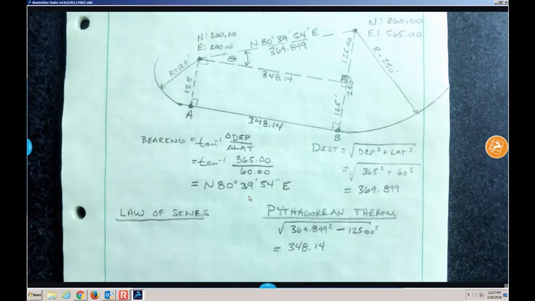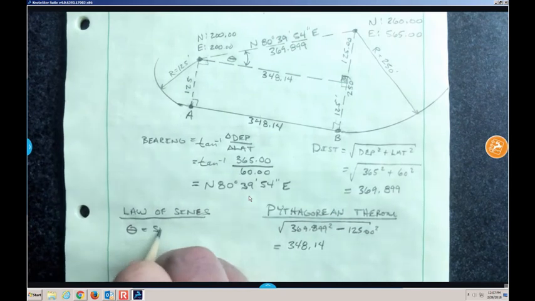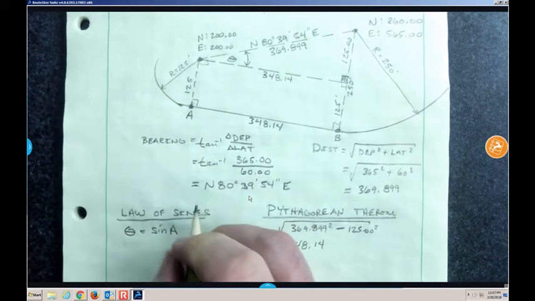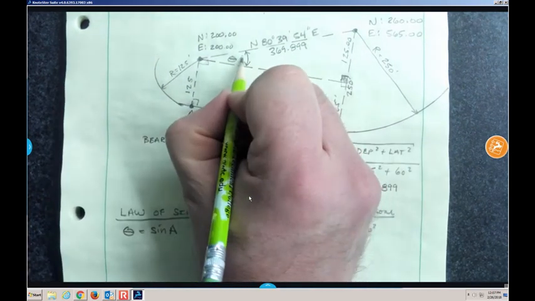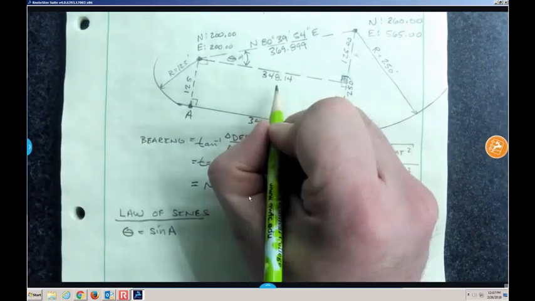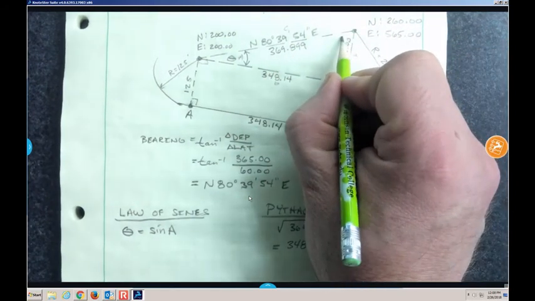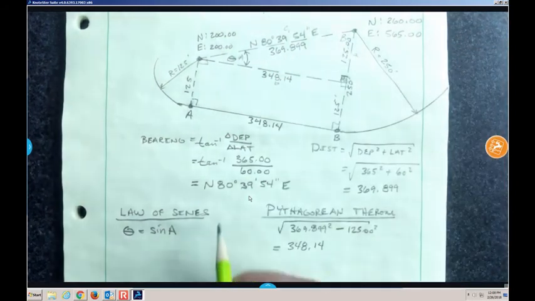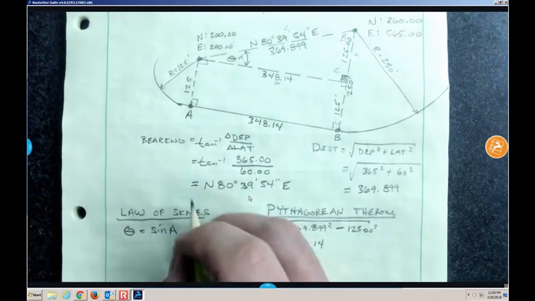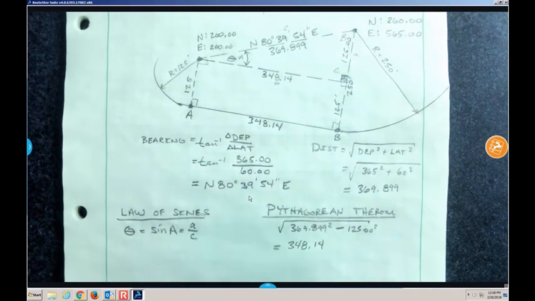Now let's use the law of sines to figure out theta. So angle A, I'm going to call it A, little a. B, C. C is 90 degrees.